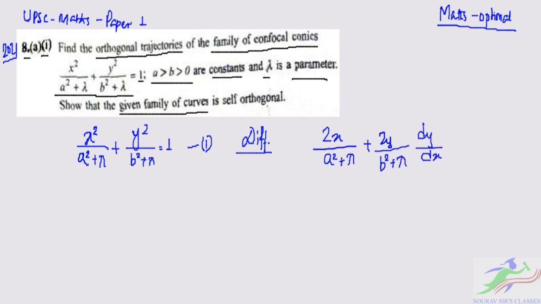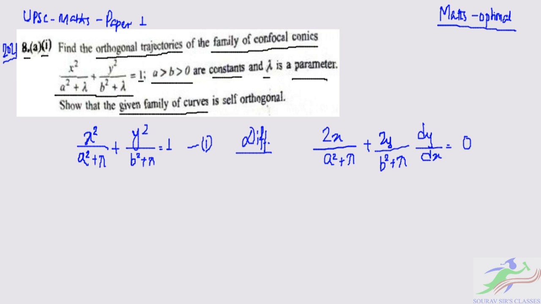If we differentiate 1, it will be 2x by a square plus lambda plus 2y by b square plus lambda dy dx, right? It is equal to 0, since the right side is a constant.